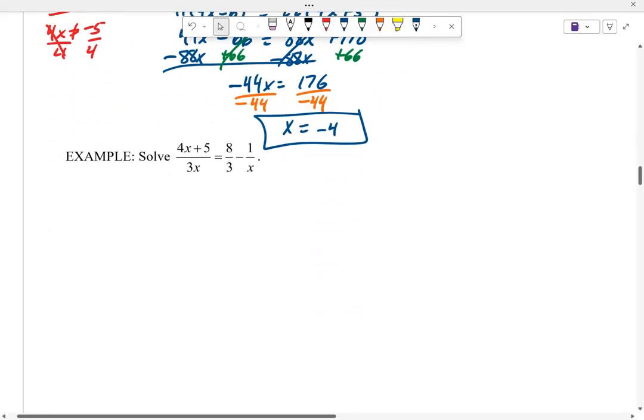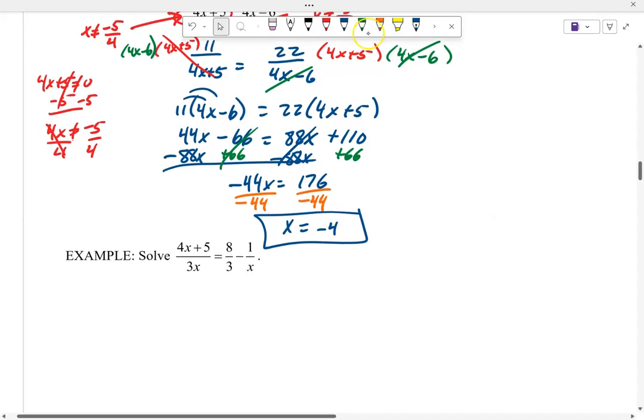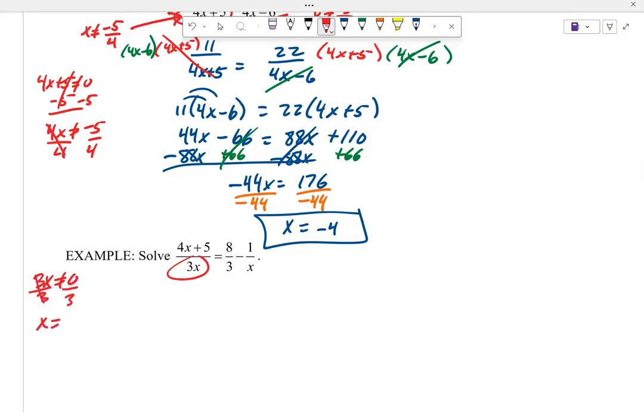Let's move on to this next one here now. Hopefully you notice 3x can't be 0, so x cannot be 0 from that one, and same thing over here, x can't be 0. So let's go ahead and get one fraction equaling one fraction by giving this a 3, giving this one an x.